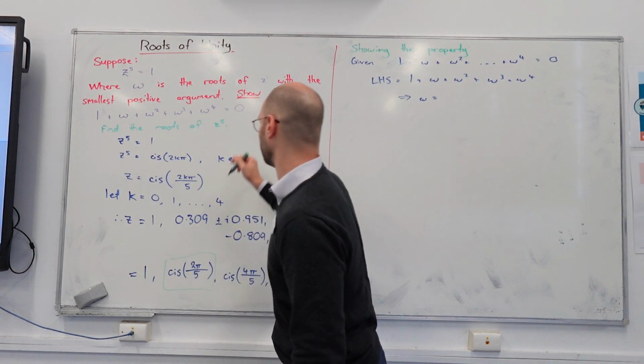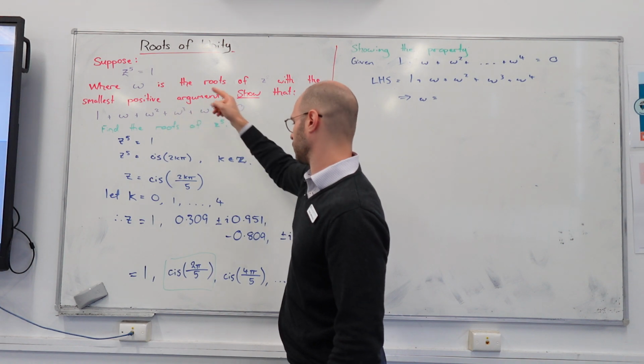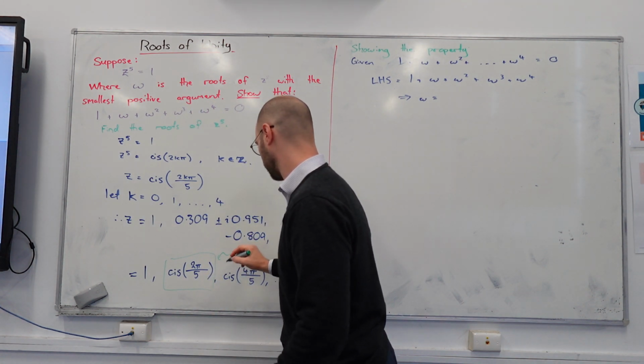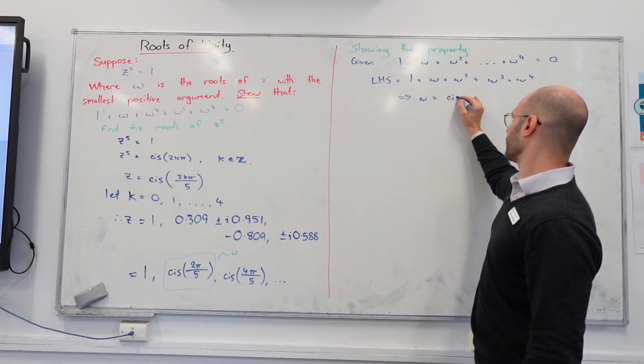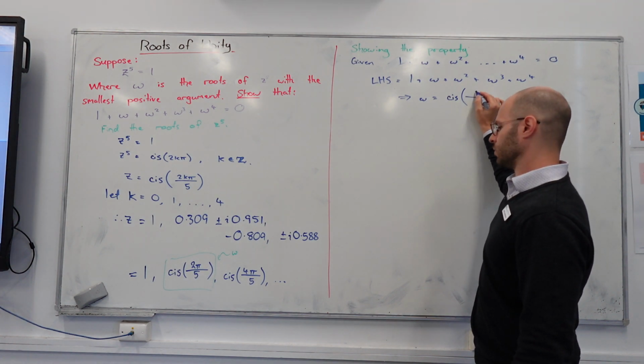Can we see that from the definition? Yeah, the first smallest positive argument. So this guy over here, this is omega. So what this means is that omega is going to be cis 2 pi over 5.